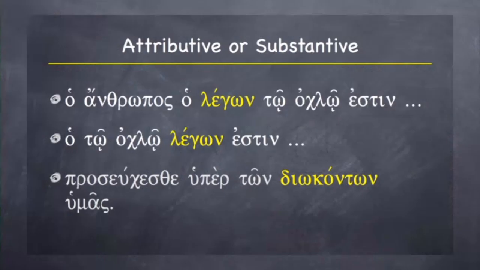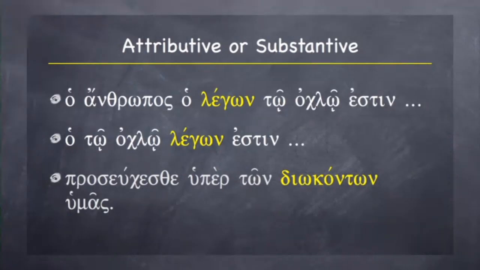If there's an article there, for example, and so you know it's adjectival, you still have to decide whether that adjectival participle is attributive, functioning like a regular adjective, or whether it's functioning as a noun. It actually is really easy to make this decision. And let me give you a couple of, actually three examples. And we're just going to walk our way through them. And you're going to see how your adjectival grammar is going to inform your participial grammar. This is actually pretty easy. Take a look at these.